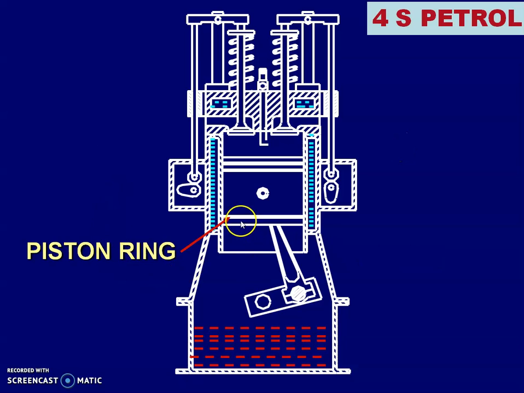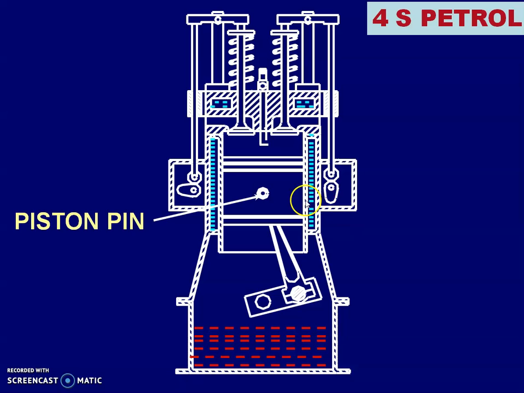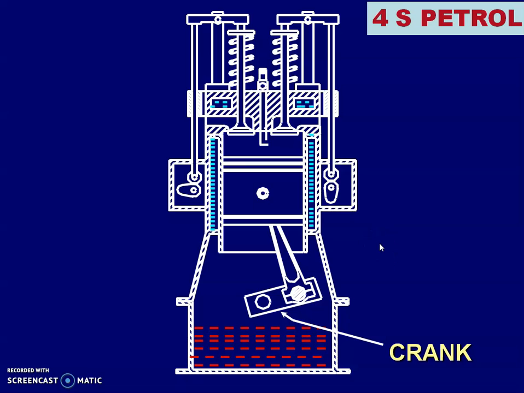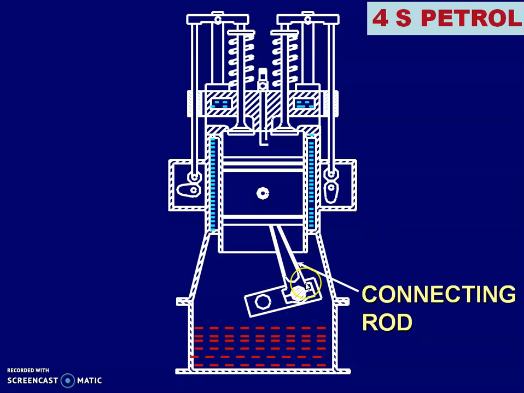Piston rings: some piston rings are provided on the piston for lubrication, and the purpose of the piston ring is also to protect the piston. Piston pin connects the piston with the connecting rod. So that is a crank. This is the connecting rod.